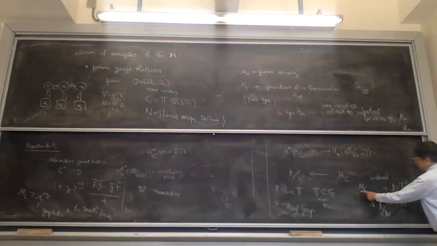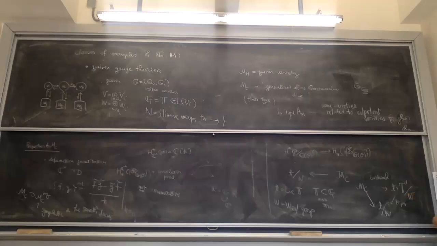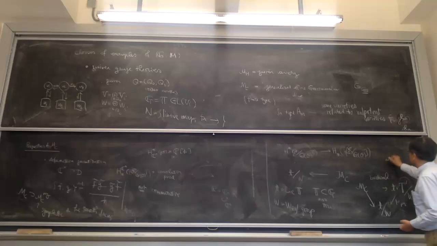So for example, this says that the dimension of the Coulomb branch is twice the dimension of the torus. And the generic fiber of this morphism is a torus, so T is half dimensional in the Coulomb branch. And this is an algebraic integrable system.